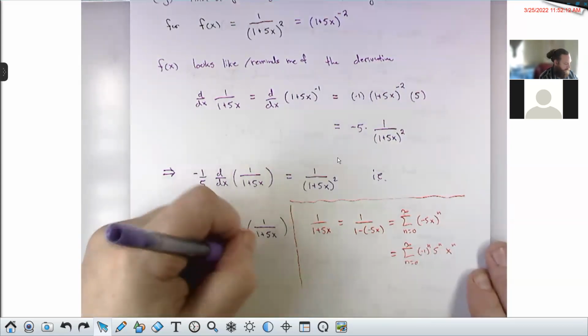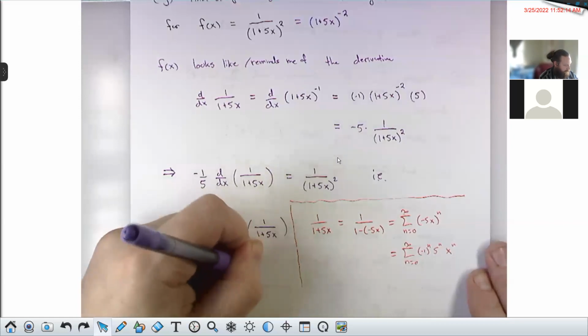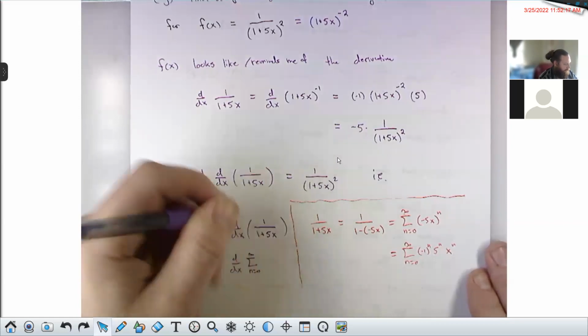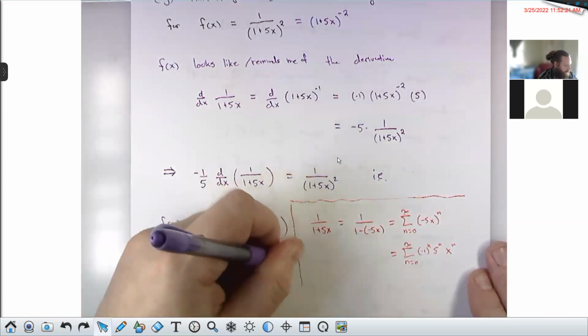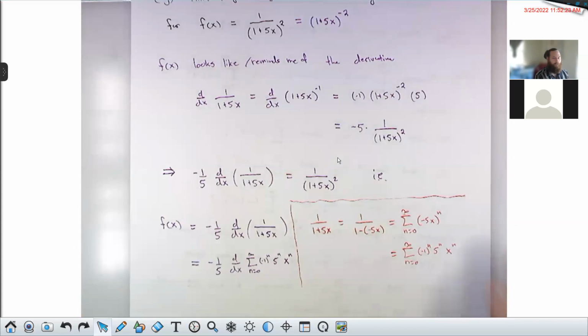So this is d/dx of sigma n from 0 to infinity, (-1) to the n, 5 to the n, x to the n.